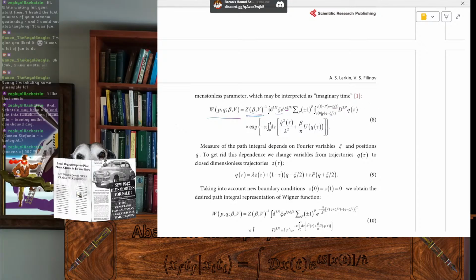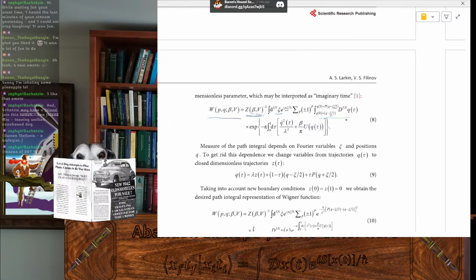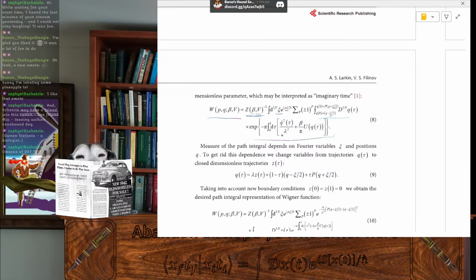So we're integrating our set of integrals. Okay, so times, okay, and this is our exponential.